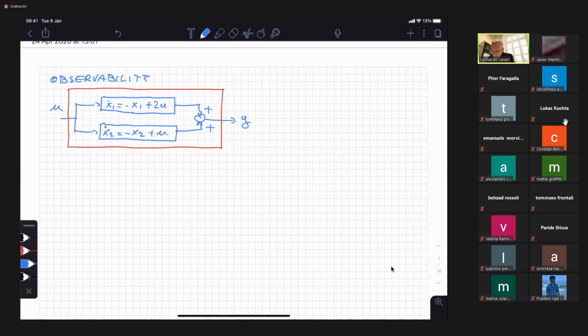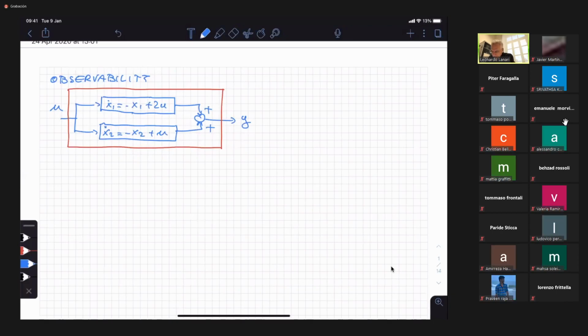Now, of course, we have a new tool. So let's rewrite the interconnected system.